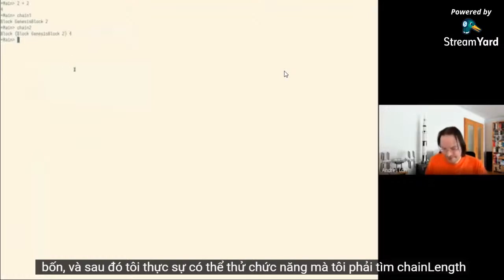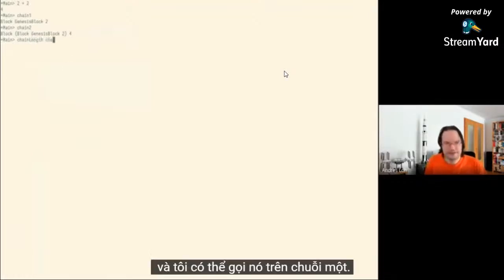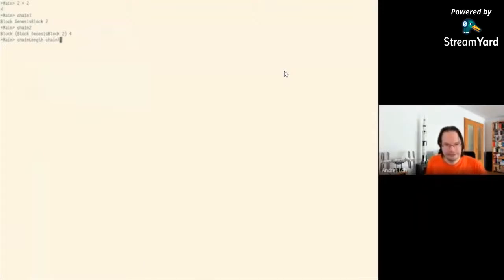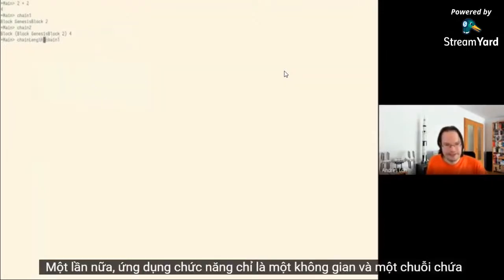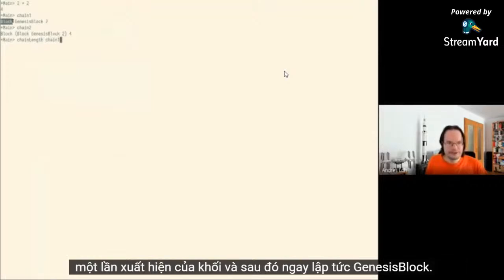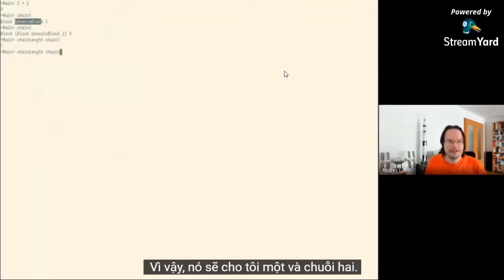Then I can try the function that I have defined, chain length, and call it on chain 1. Again, function application is just a space, and chain 1 contains 1 occurrence of block and then immediately the Genesis block, so it should give me 1. And chain 2 has 1 block more, so that gives me 2.